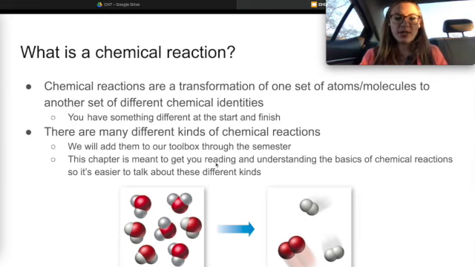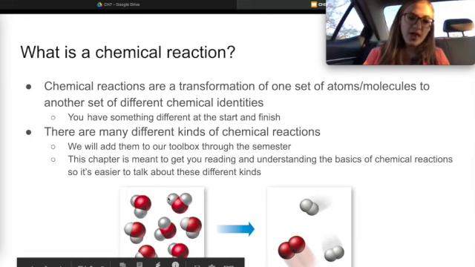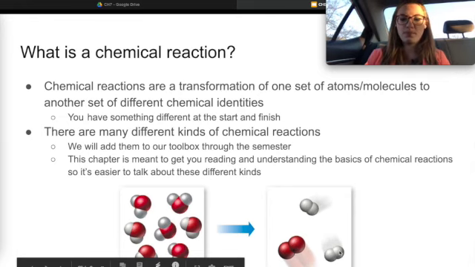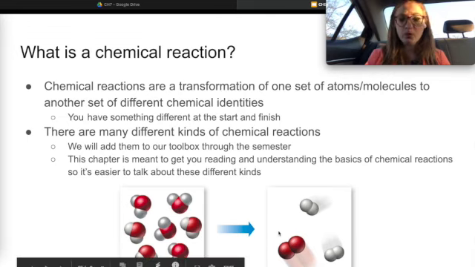So down here, I have a picture depicting a chemical reaction. This is actually water decomposing into O2, oxygen, and H2 molecules. So we can see that on the left we have something entirely different. We have one red oxygen atom with two white hydrogen atoms on the left-hand side to make up that water molecule.